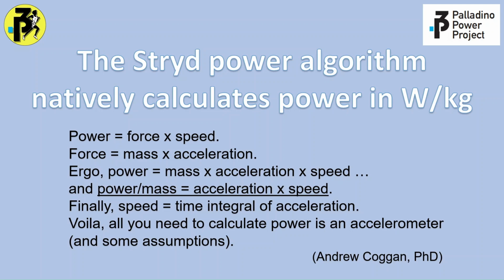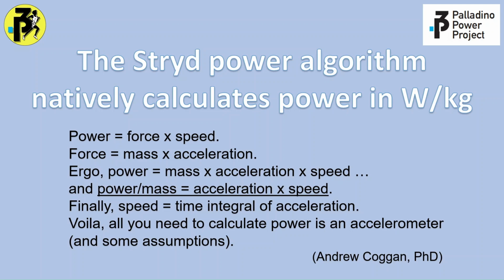Then power divided by mass, you're just moving the variables around. Power divided by mass, watts per kilogram, is acceleration times speed. So if you have acceleration and speed, you can figure out watts per kilogram, power divided by mass.